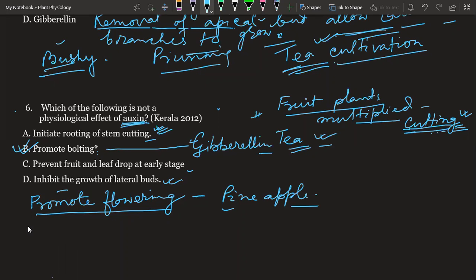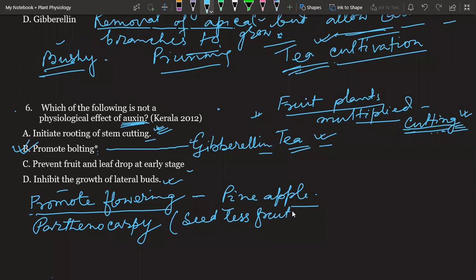Then it promotes parthenocarpy. Parthenocarpy is the formation of seedless fruit. Of course, as I told, the physiological effect of a particular hormone may not be the same in different groups of plants.